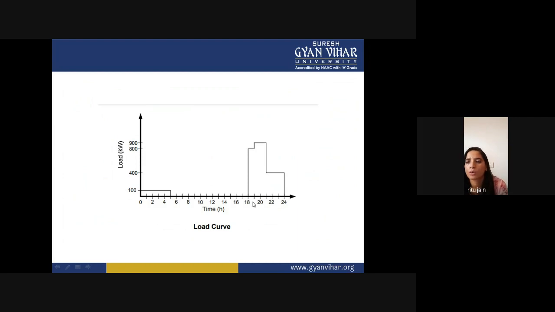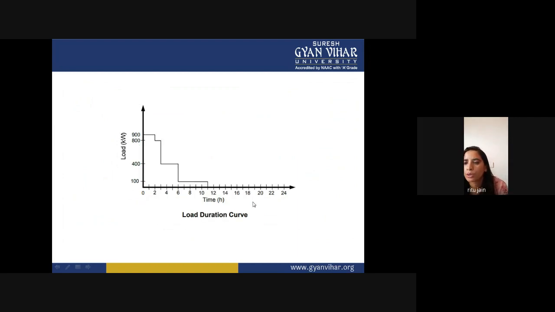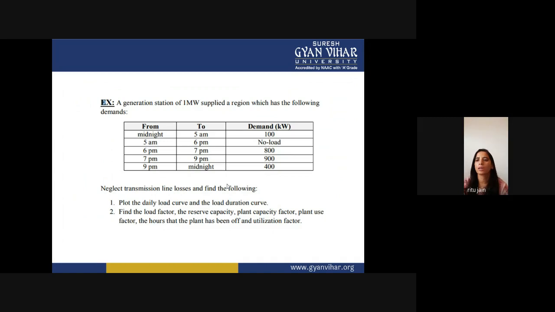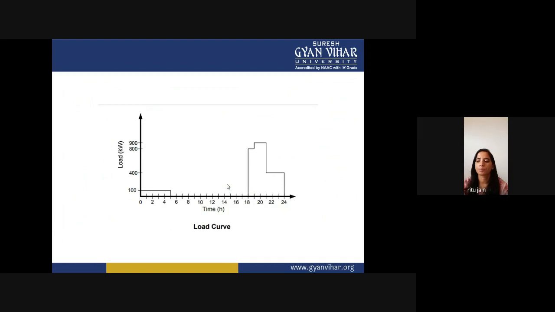You can easily draw. Now next come to the load duration curve. I have already told you that the load duration curve starts from highest to lowest, meaning descending order. So the highest demand of load from the table is 900 kilowatt from 7 p.m. to 9 p.m., only for 2 hours.